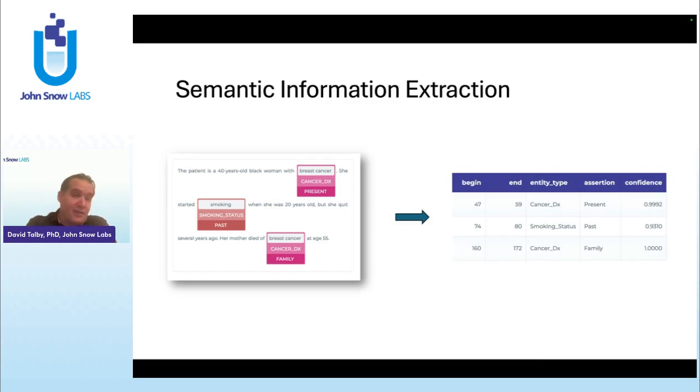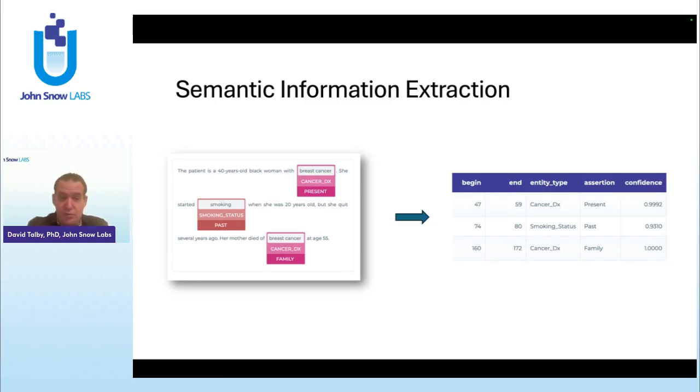What you extract are things like, for example, the patient is a 40-year-old Black woman with breast cancer. She started smoking when she was 20 years old, but she quit several years ago. Her mother died of breast cancer at age 55. So we need to extract breast cancer twice, but it's very important that for the first one, we know that it's present, in contrast to a Black woman without breast cancer. In this case, she has it. The second time, we have to know that it's related to someone else.